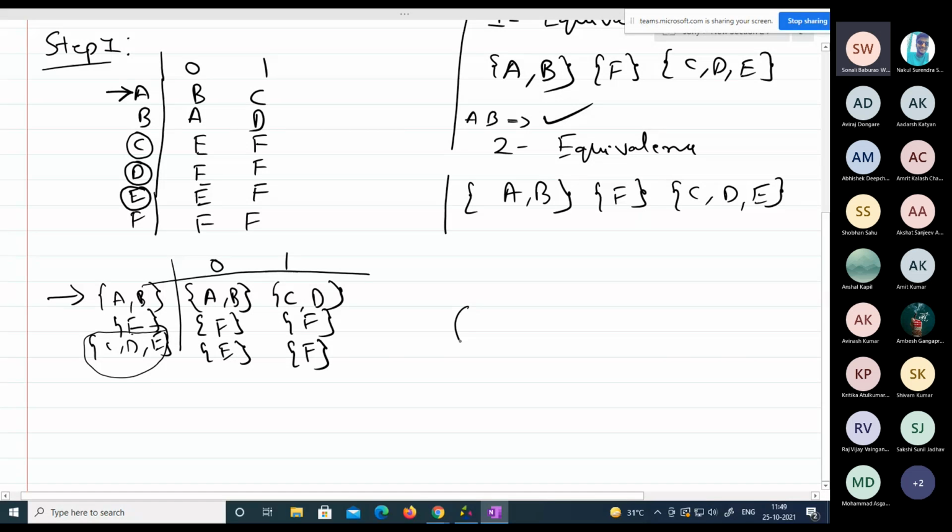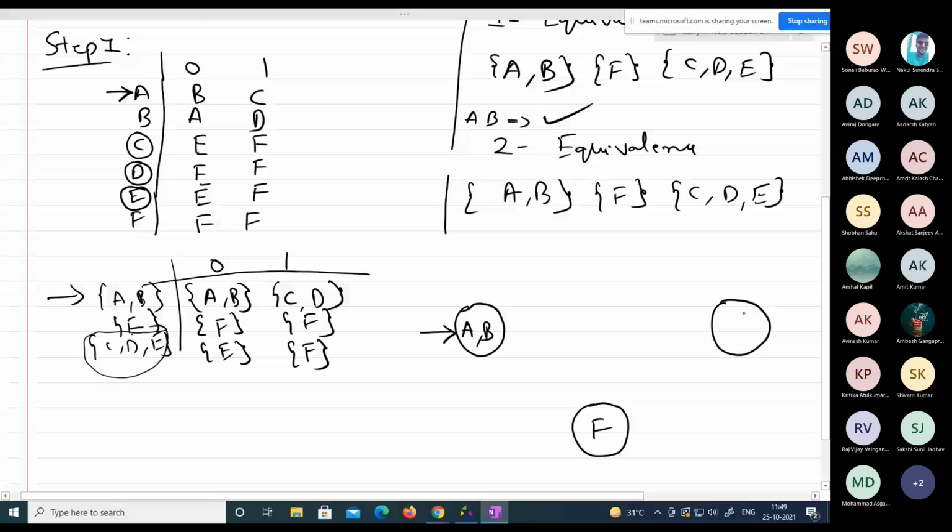So I'm writing FF as it is. Now for C, D, and E, everywhere it is C, D, E. And this is my state transition table.